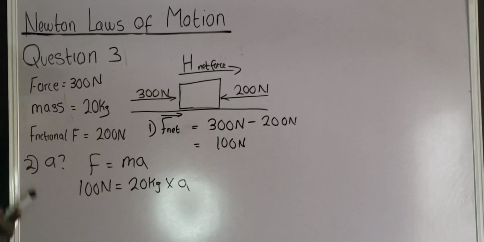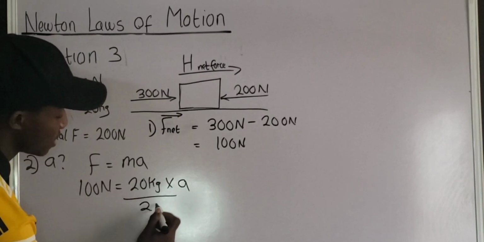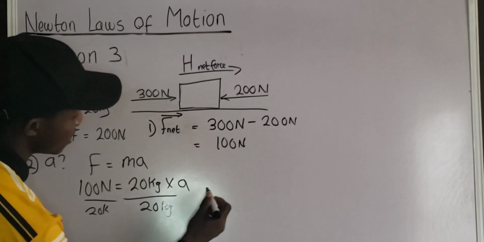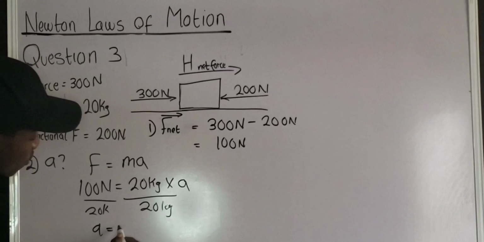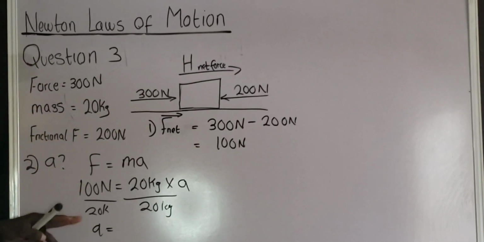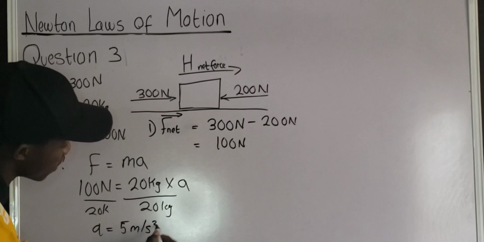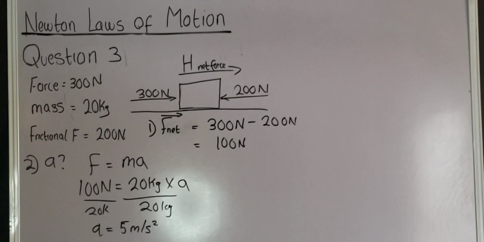Next, I divide both sides by 20 kilogram. Then acceleration equals 100 divided by 20, which is 5. So the acceleration of the box is 5 meters per second squared.